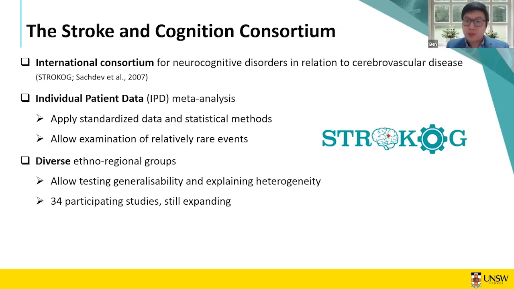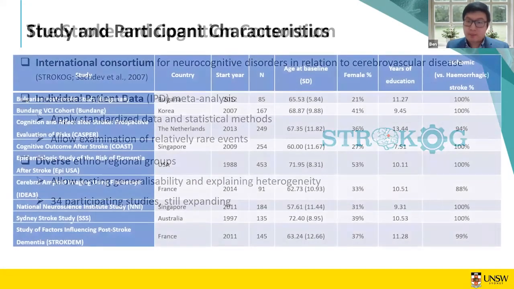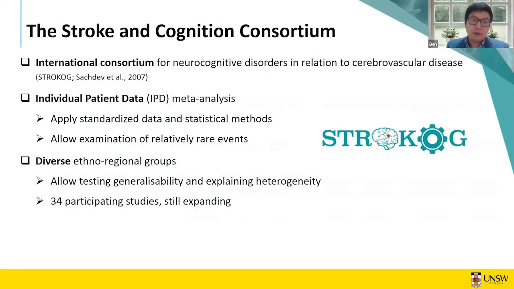For these international data, we are also able to examine these effects in diverse ethno-regional groups, which allows us to test for generalizability as well as to explain the heterogeneity across these different places. And StrokeCOG is an expanding consortium with currently about 34 participating studies covering about 5 continents.